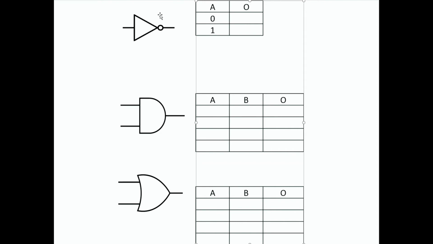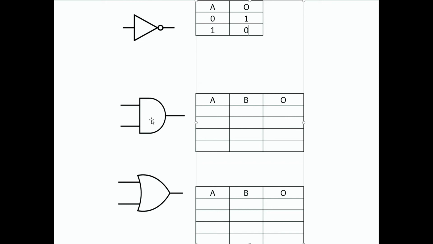So if the input on a NOT gate is 0, the output is not the same as the input. So in binary, the only thing that's not the same as a 0 is a 1. If the input is 1, the output is not 1, so it's 0, which will give us our completed truth table.